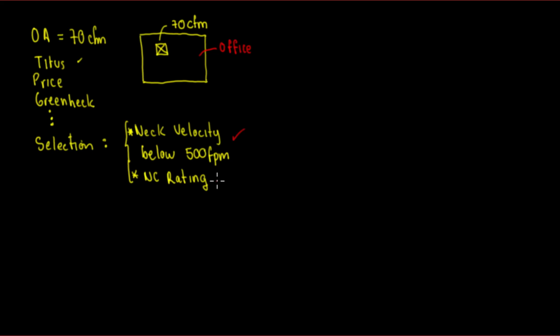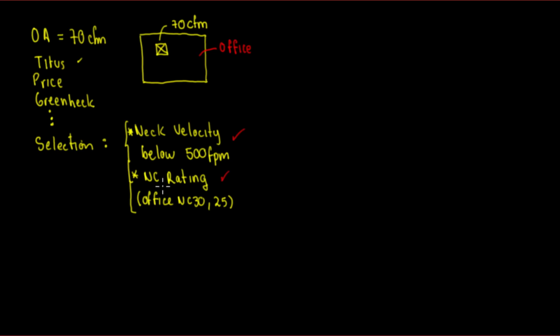And the NC level for an office usually has to be below 30. If you want to be conservative, 25. So the selection is going to be neck velocity, NC rating, and of course the throw. We're going to get deeper, but basically these are the main important factors for diffuser selection.